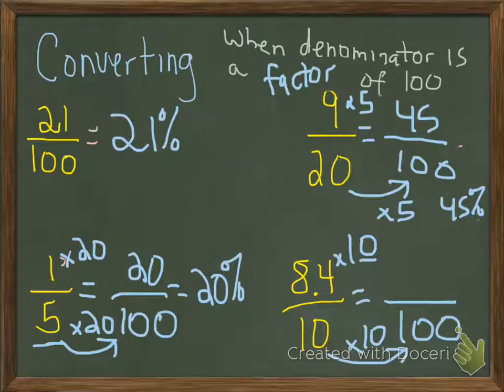So one 0 in 10 means we can move this decimal point one place to the right. It's just basically a little trick to multiplying decimals by powers of 10. So 8.4 becomes 84 because the decimal is really just hanging out here, but because there's nothing to the right of it, we don't really need it there. So we have 84 out of 100, and 84% would be the answer for 8.4 out of 10.